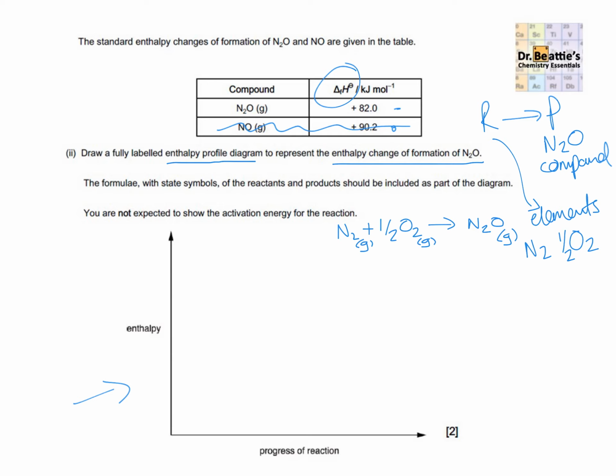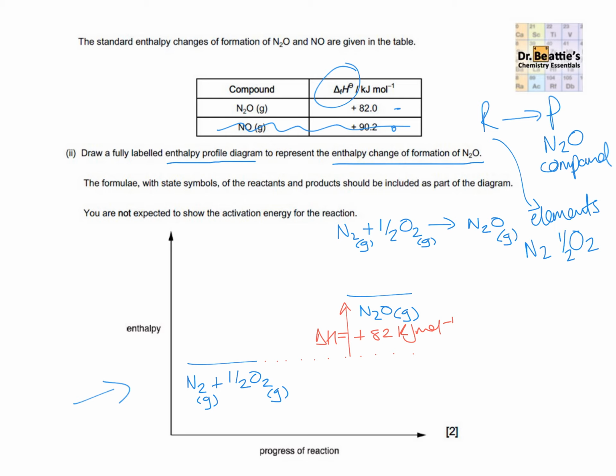Next we just need to take all these ideas and concepts and plot them on the enthalpy profile diagram here. So we're going to have our reactants on this side and our products on this side, and because of the plus 82, we're going to show an increase going between the two. So here we have the reactants and the products. I'm now just going to arbitrarily show that we've got a plus 82 kilojoules per mole.